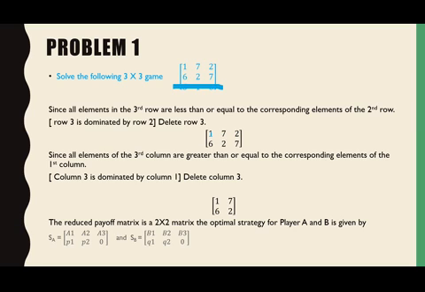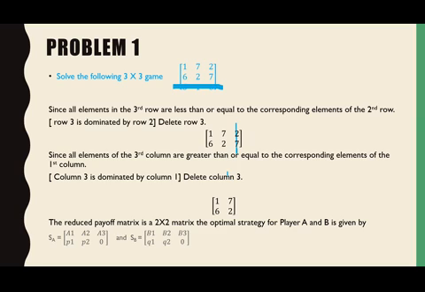See, 2 is greater than 1, 7 is greater than 6. So that means to say third column elements are greater than the first column elements. So third column is dominated by first column. Therefore, you can delete column number 3. So this column gets deleted.